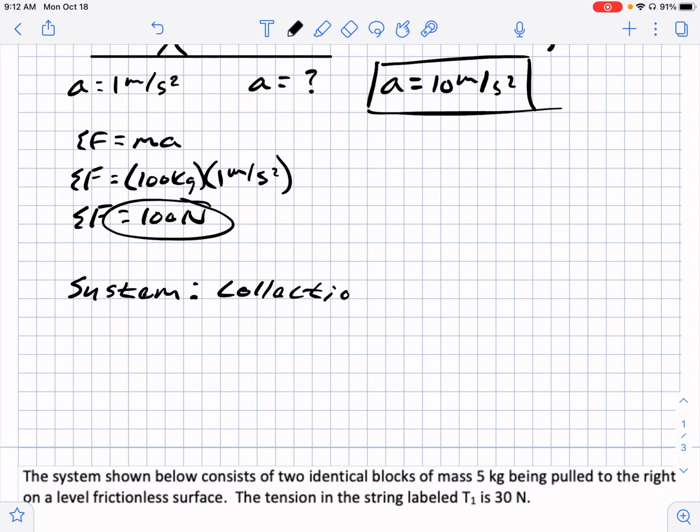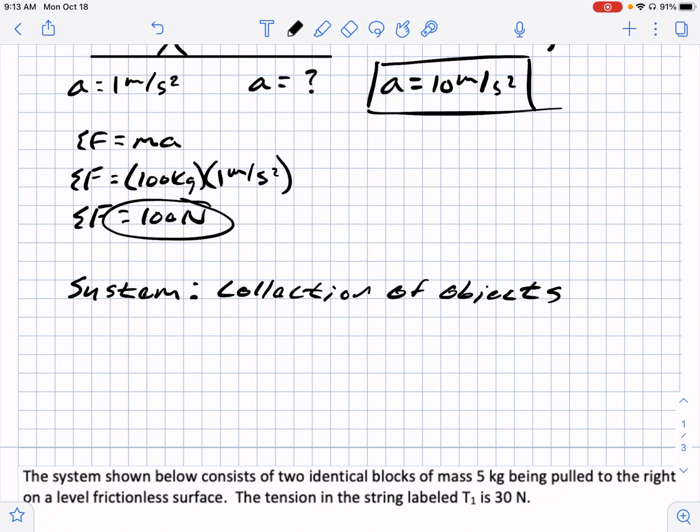Now your system can be determined by you, the observer. Sometimes your teacher might tell you what's involved within the system. And sometimes the problem will give you those parameters that determine what makes up a system. So a system is just going to be two or more objects, a collection of objects that we're analyzing.